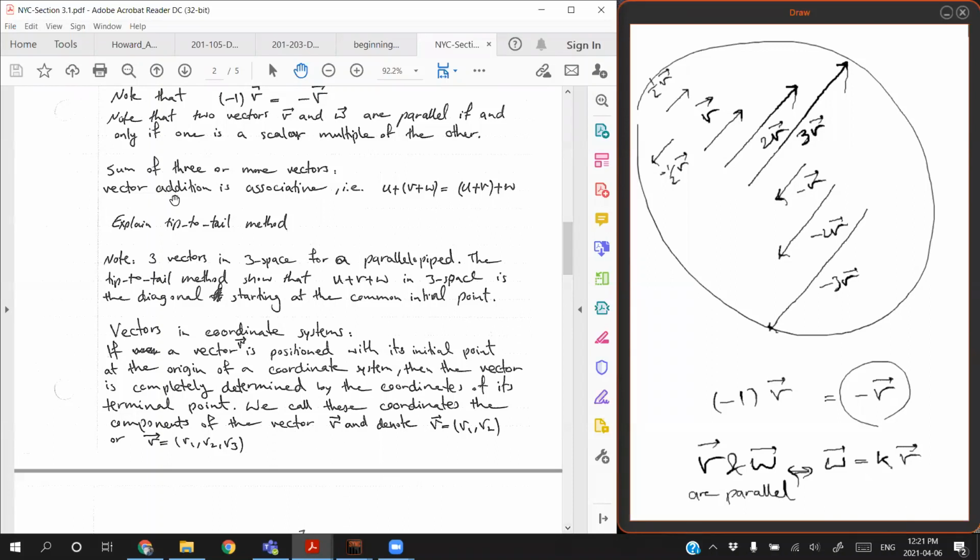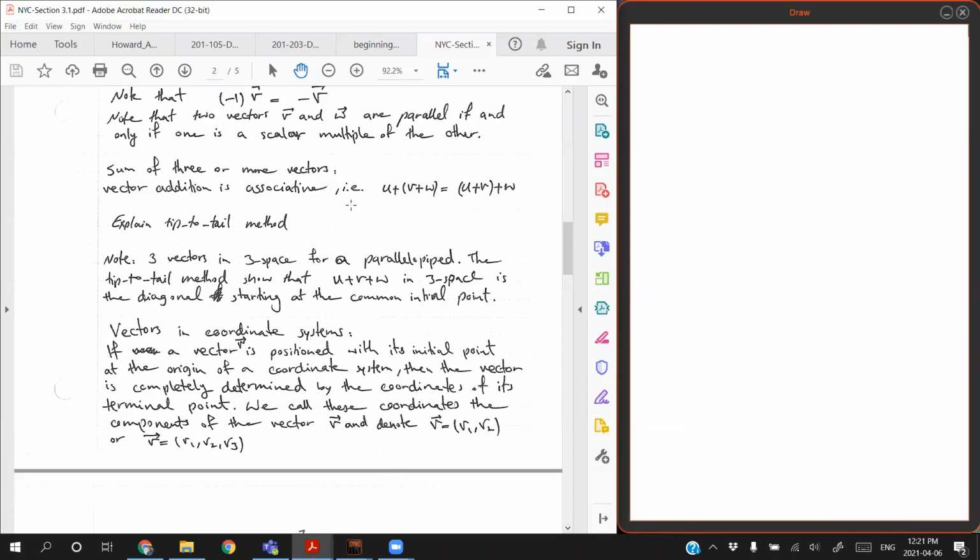When you're adding three vectors, you have the associative property. That is, if you're adding u plus v plus w as vectors, it doesn't matter whether you're adding these two first and then add the result to w, or if you have the same vectors, you're adding these two first and then the result is added to u.